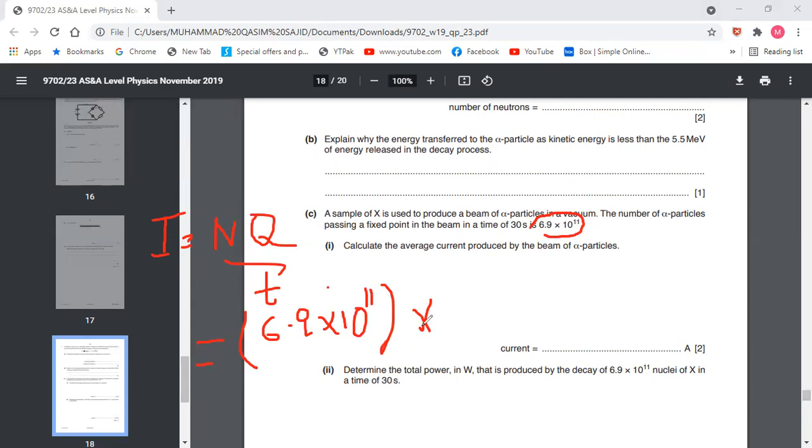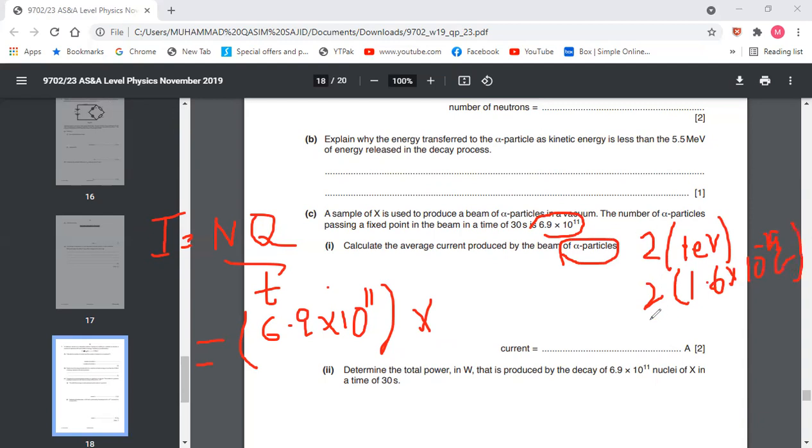Into the value of Q. Q is basically the charge. So we have to find it for the alpha particle. Alpha particle has two positive charges. 1 electron volt equals 1.6 into 10 raised to power minus 19 coulomb.